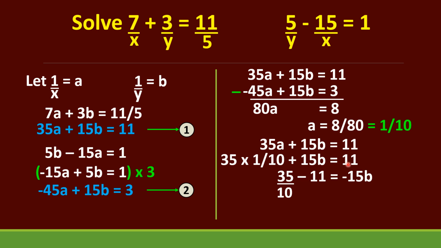This 11 is taken to this side, minus 11, and when plus 15b is taken to the other side, it becomes minus 15b. We cannot subtract this as such, so we have to make this denominator also 10. So we multiply the numerator and the denominator by 10, and that becomes (35 - 110)/10 = -15b.